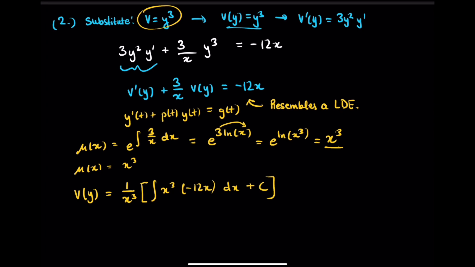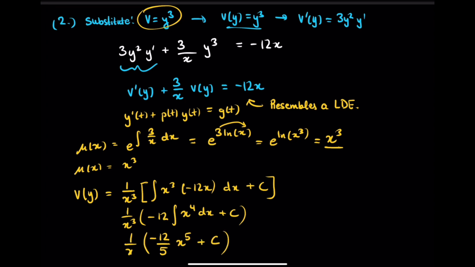So then you can bring this 12 out, you combine the x's, that's x to the 4, dx plus c, all times 1 over x cubed. So this is minus 12 over 5 x to the power of 5 plus c, times 1 over x cubed, which we can rewrite as minus 12 over 5 x squared plus c x to the minus third. And these are all v(y).